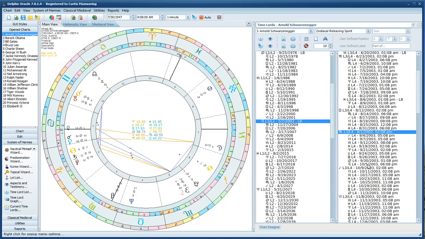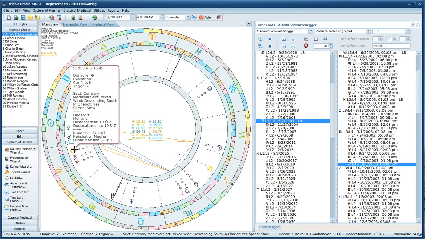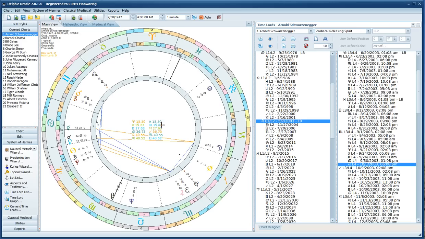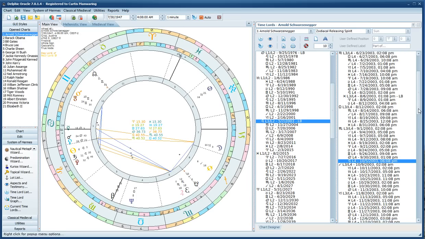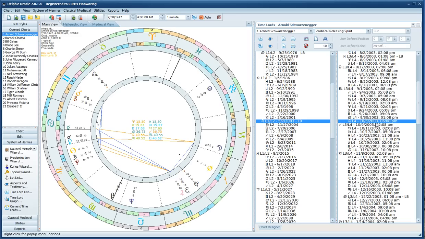And then he's in the 7th from fortune, another angular period relative to fortune, and it's also encounter of a dignified lord there in its own domicile. So this is a very potent day, we know, at that time.